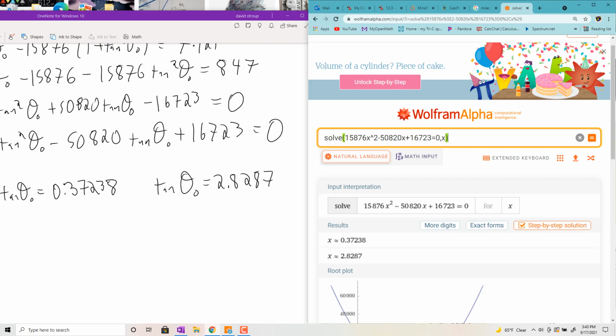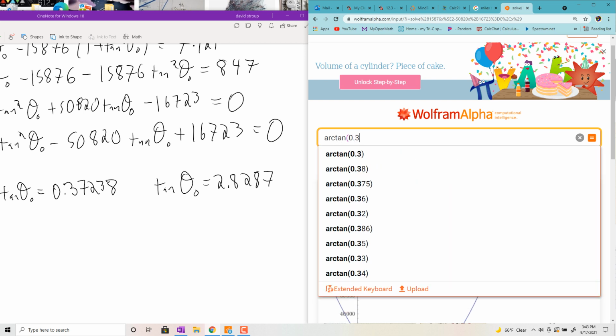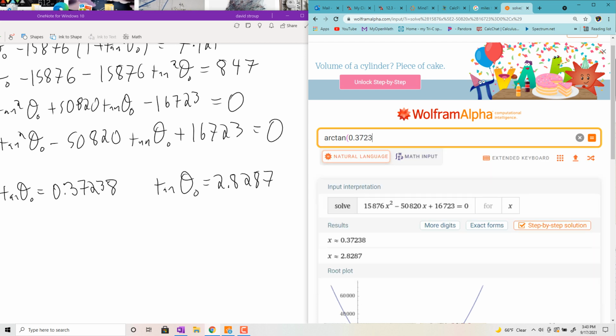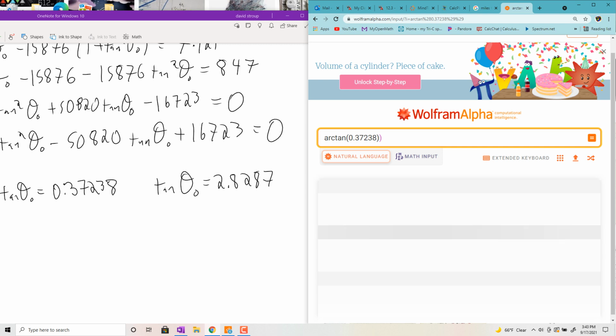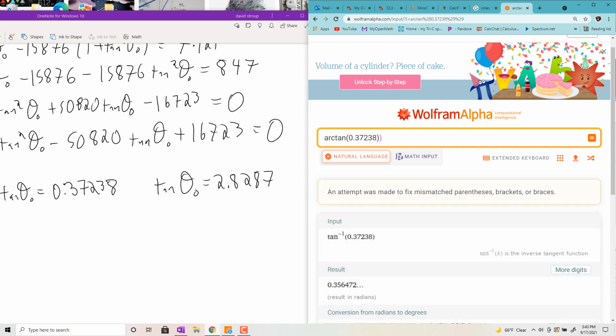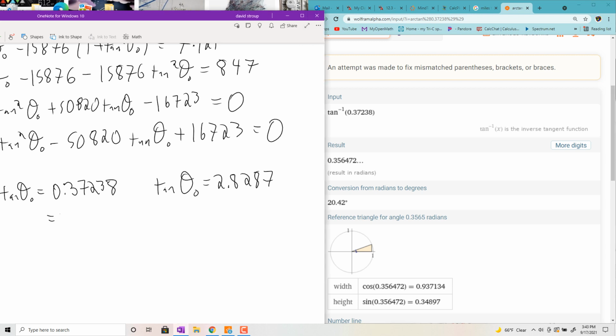And then I'm going to take tan inverse of those guys and figure out which one is good. Tan inverse of 0.37238, and I want degrees, so that's 20.42 degrees.